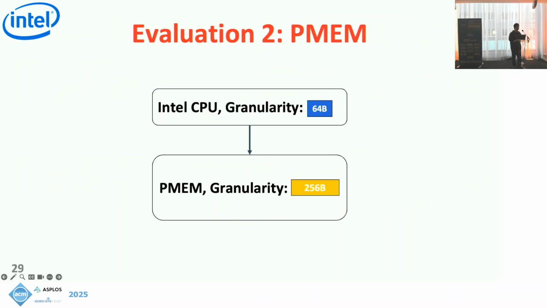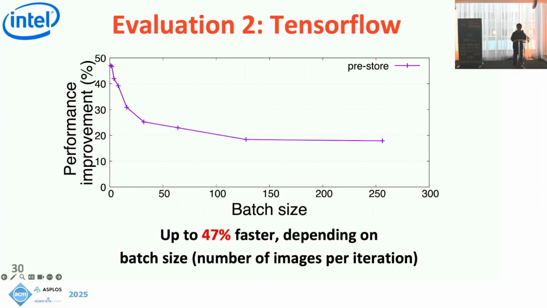To replicate the scenario that causes write amplification, we use an asymmetric platform that has an Intel CPU with a granularity of 64 bytes and a persistent memory module having a granularity of 256 bytes. In TensorFlow, we achieved up to 47% faster with small batch sizes, and still an OK result with large batch sizes, which is around 20% faster.